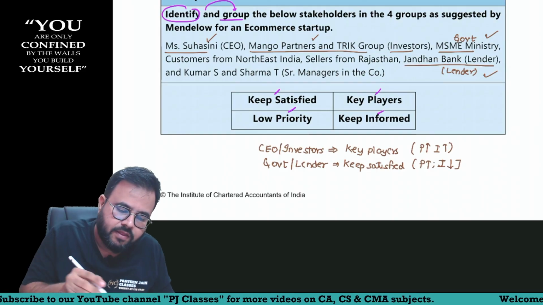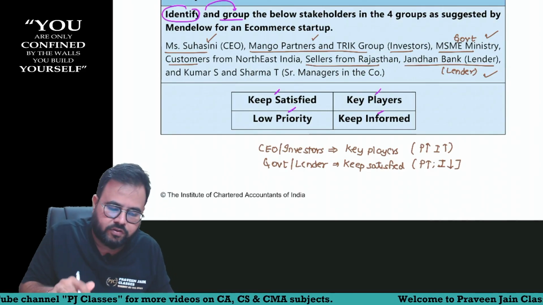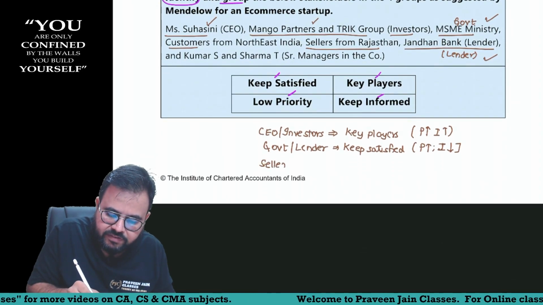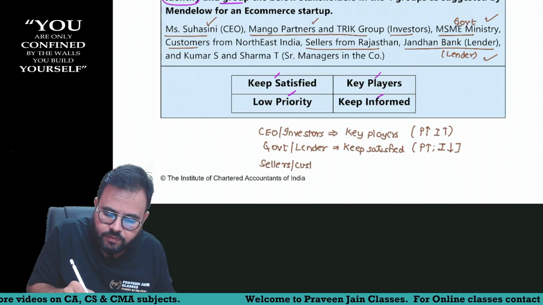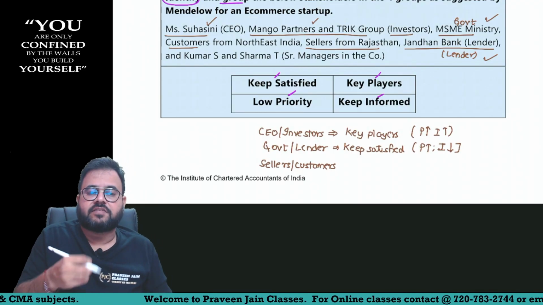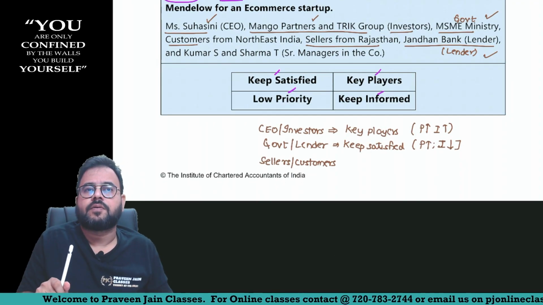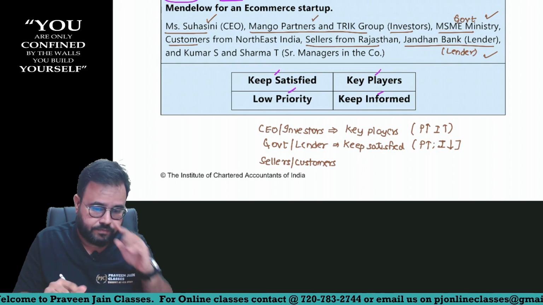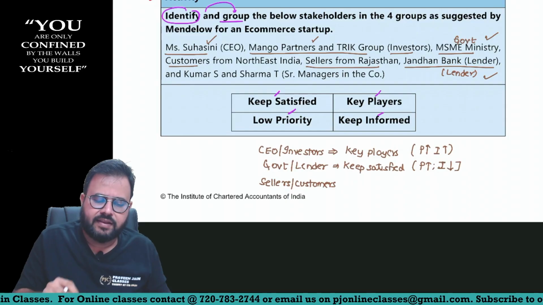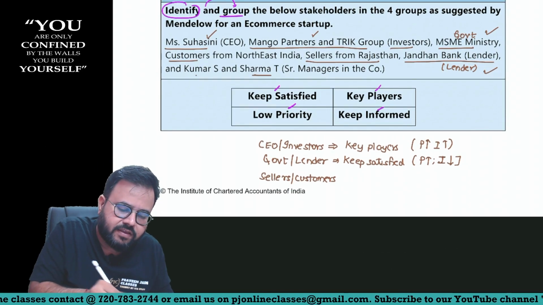Great. Now tell me, sellers from Rajasthan and customers from Northeast Asia. Tell me, sellers and our customers. Raja, can I say sellers, suppliers? To some extent, you can say these people also, sir.